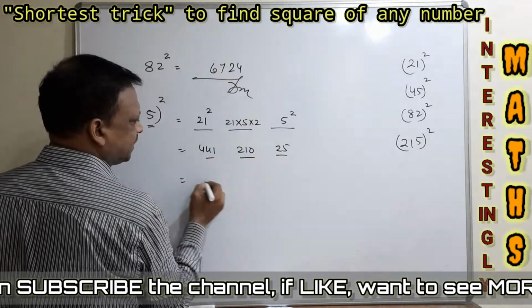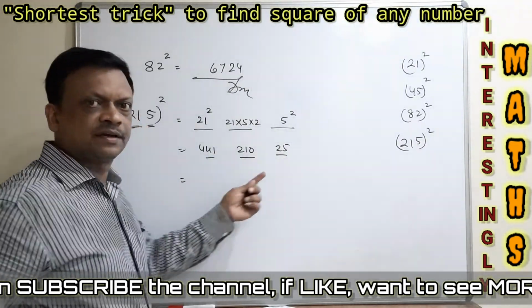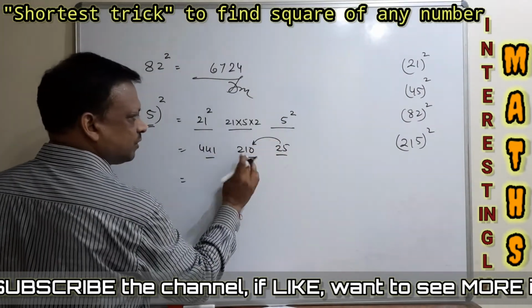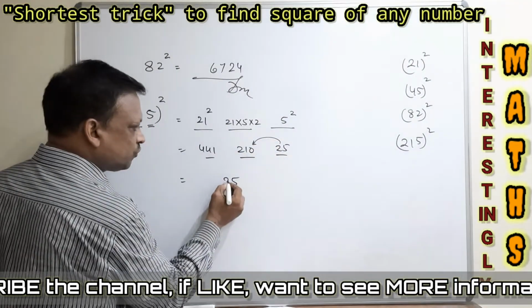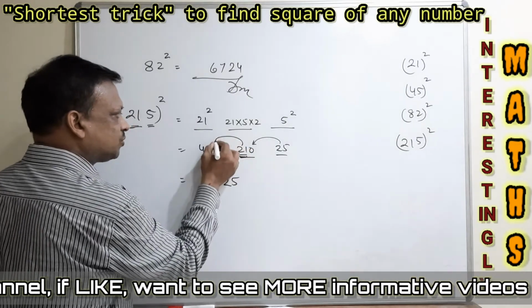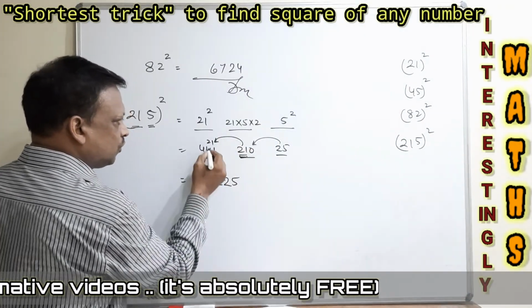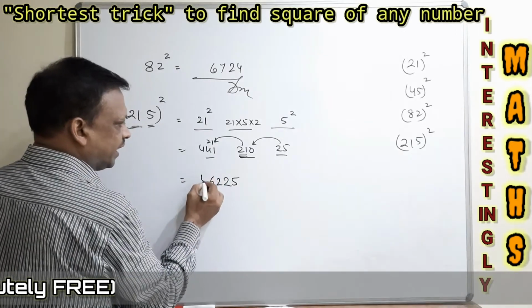We know the unit's place is from here, that is 5, and 2 will be added to this.